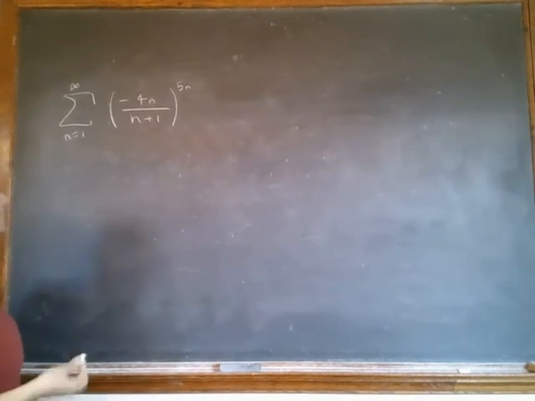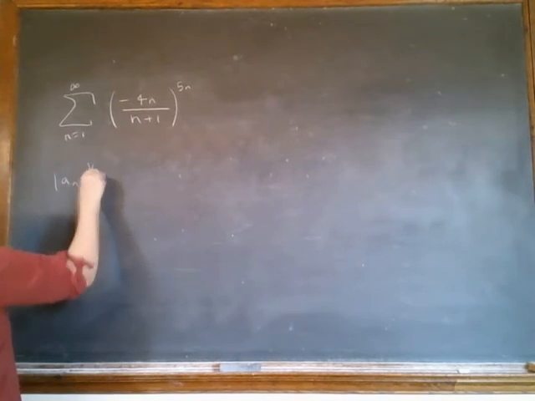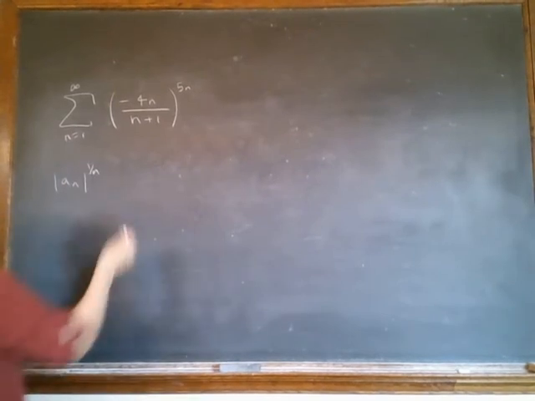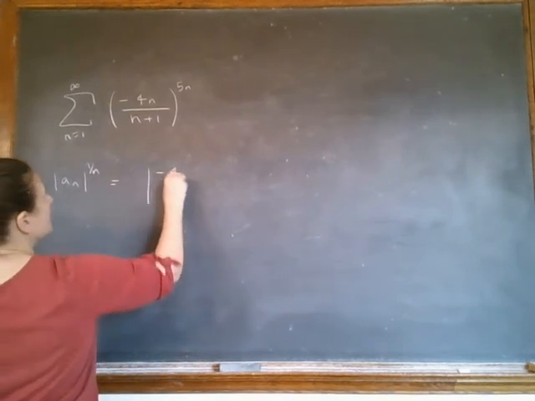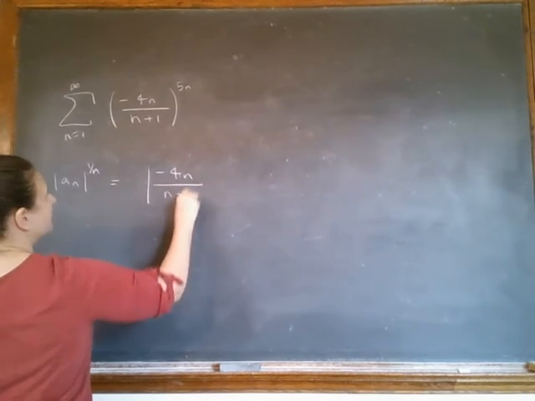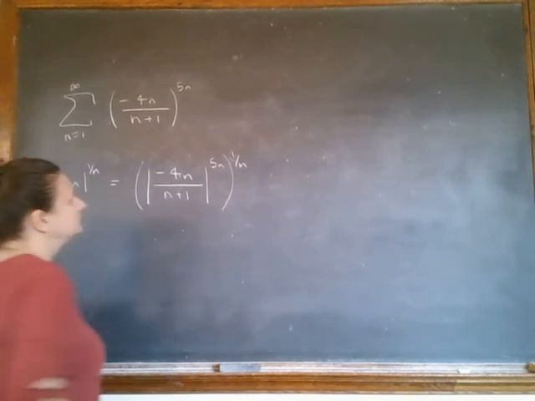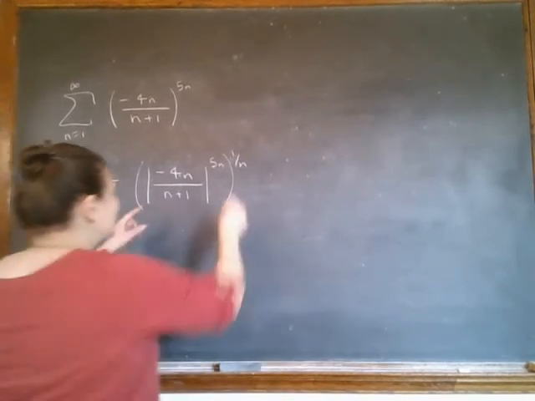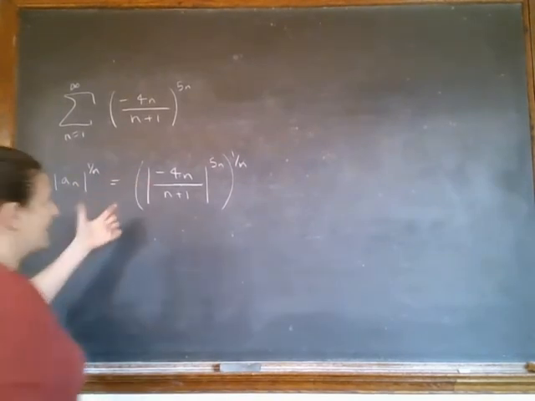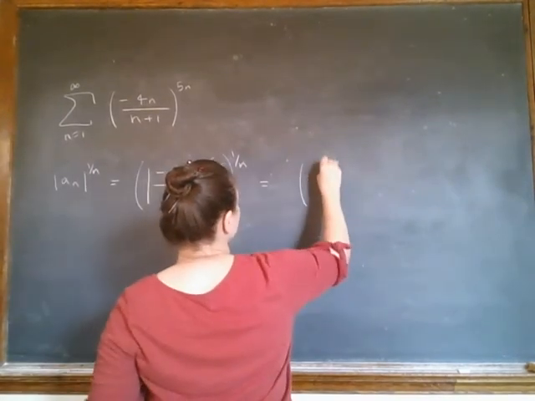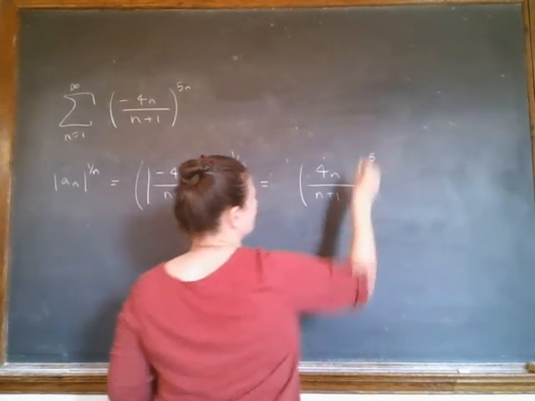Again, I'm going to look at the nth root, and I'm just going to write it this way this time. So what I have is the absolute value of (minus 4n over n plus 1) to the 5n, to the 1 over n. So these n's cancel out, but I still have a 5, and the negative gets killed by the absolute value. So I can just do (4n over n plus 1) to the 5.